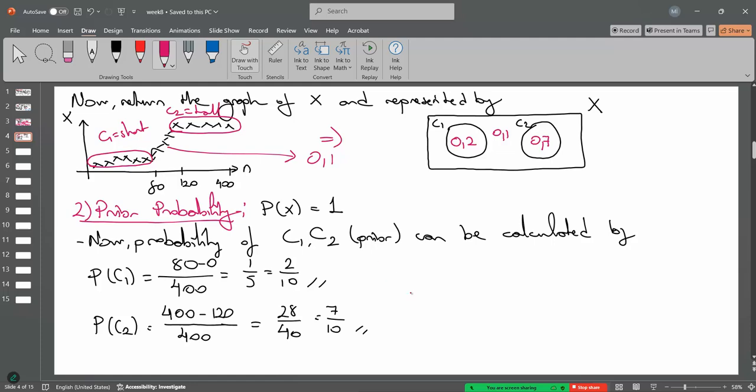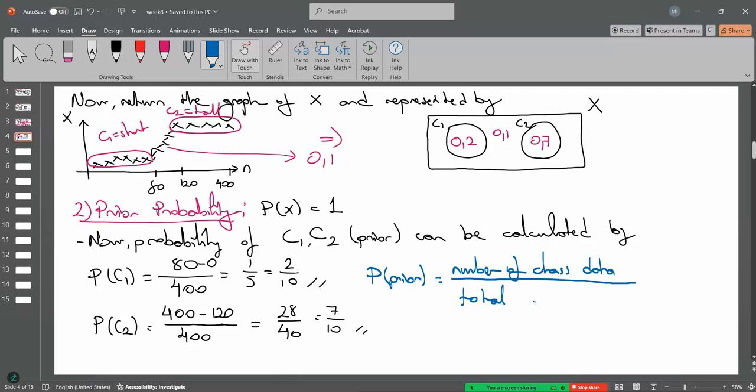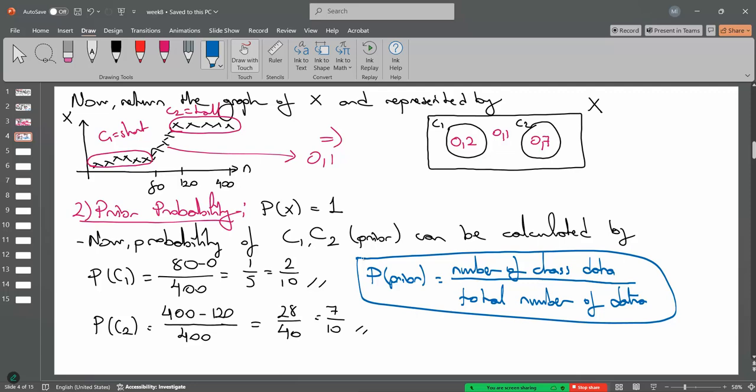And so, the general formula for the prior information, or calculation of the prior probability, is equal to the number of class data divided by the total number of data. We can easily calculate the prior information for a given data set in here. Okay?